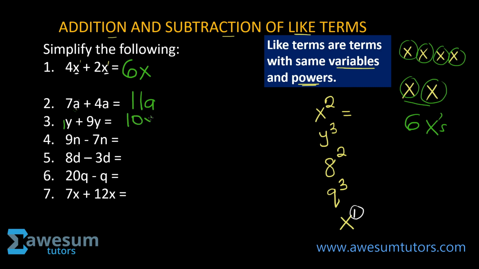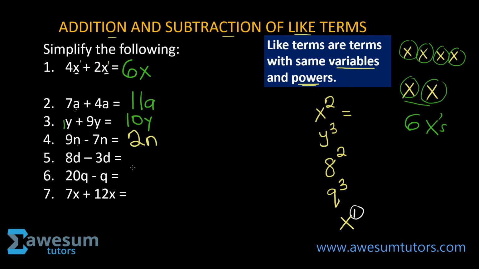Okay, let us take a look at subtraction. 9n minus 7n. You have 9 n's here, and then you are taking out 7 n's. How many n's are going to remain? It's going to be 2 n's. That means your answer will be 2n.